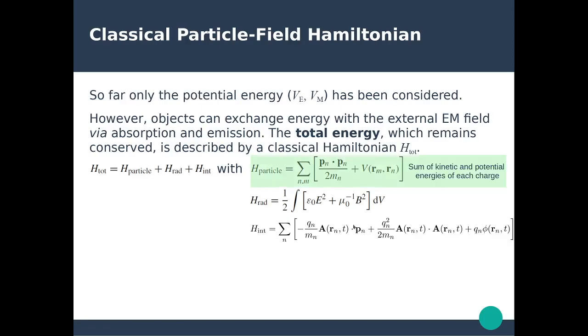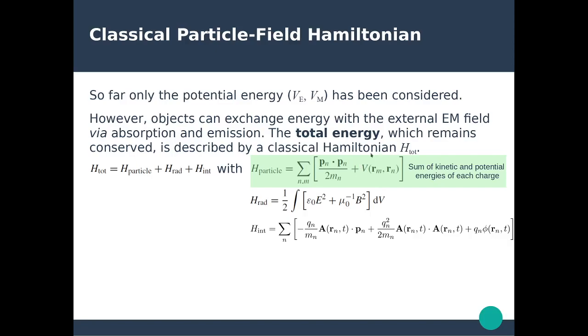The first one is just the sum of the kinetic energy, which is given here by the momenta divided by the mass. So this is the kinetic energy of the particle. When we talk about particles here, we talk about the charges, the electrons and stuff like that. And we have the potential energy of each charge.